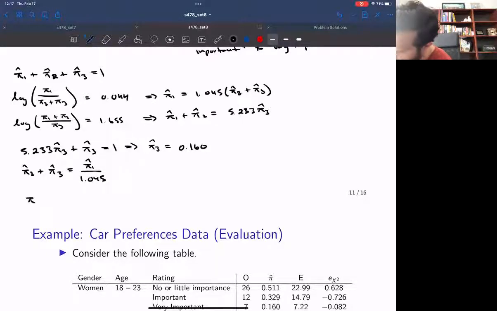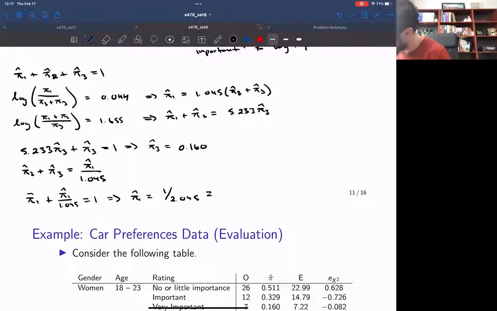So then we have pi hat 1 plus pi hat 1 over 1.045 is equal to 1, so pi hat 1 is 1 divided by 2.045.